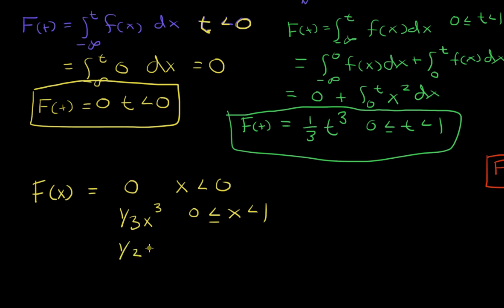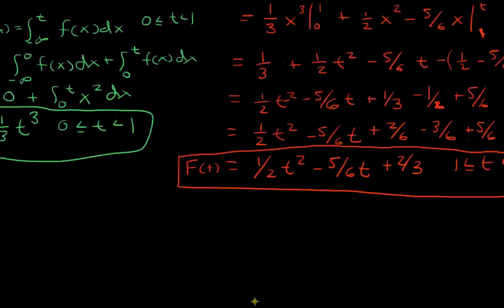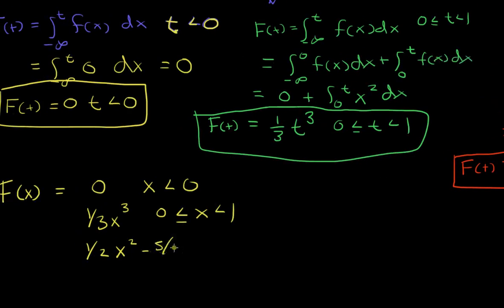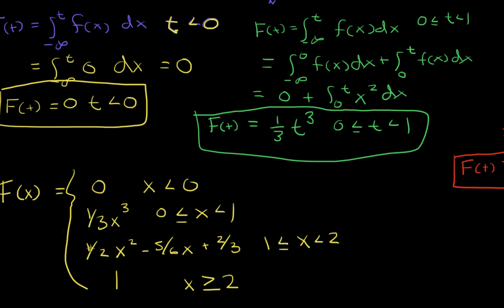Then 1/2 x squared minus, looking over here at this red piece, 5/6 x, and then plus 2/3. And that was when x is between 1 and 2. Include the 1, don't include the 2. And then lastly 1 when x is greater than or equal to 2. All right, so there's our CDF.